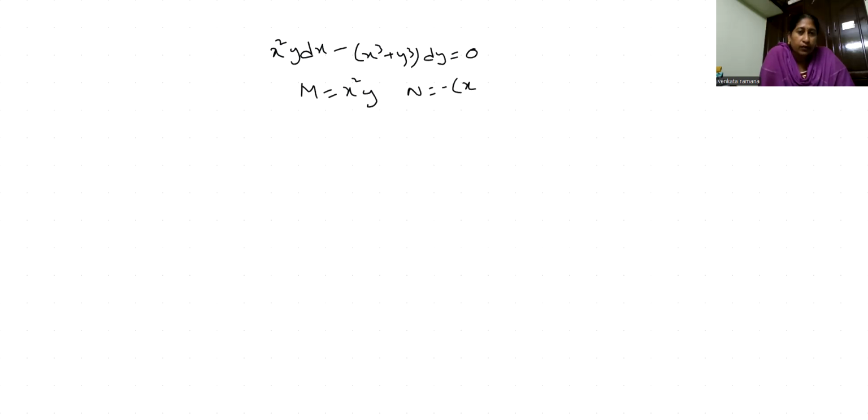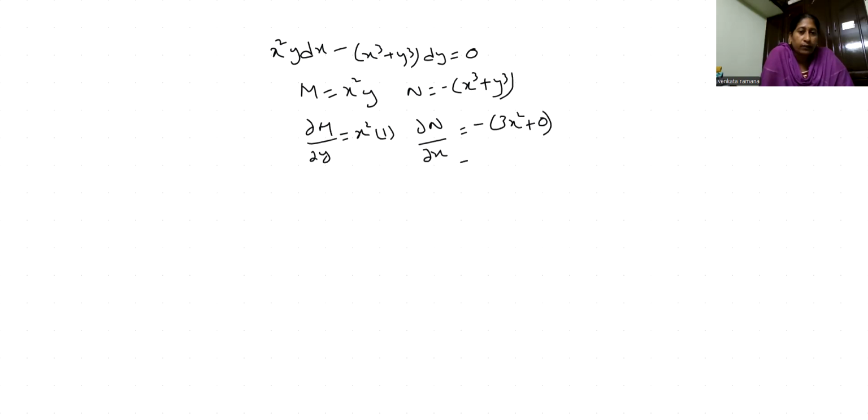We need to compute ∂M/∂y. Here y is the variable and x square is the constant, and the derivative of y is 1. Then ∂N/∂x: here x is the variable and y is the constant. The derivative of x cube is 3x square, and y is constant, so its derivative is 0.